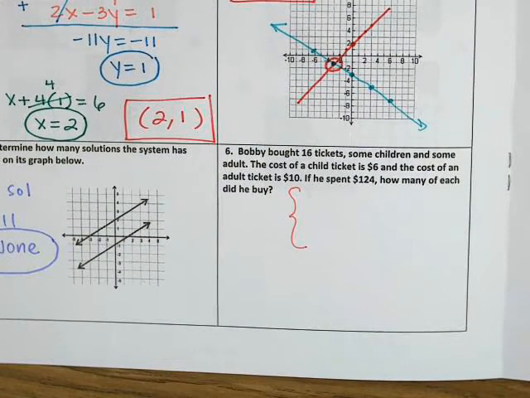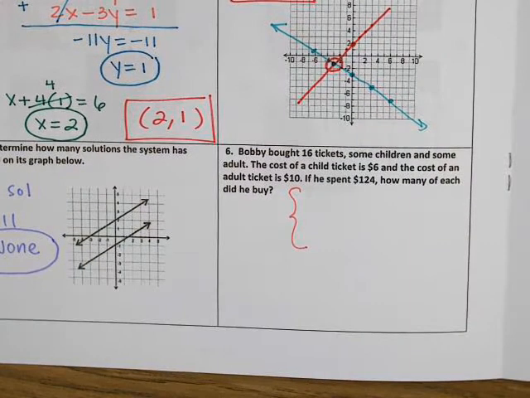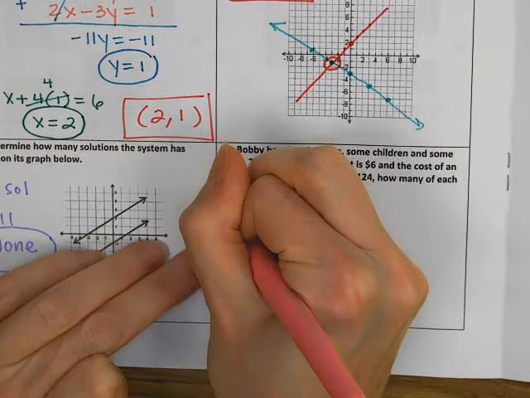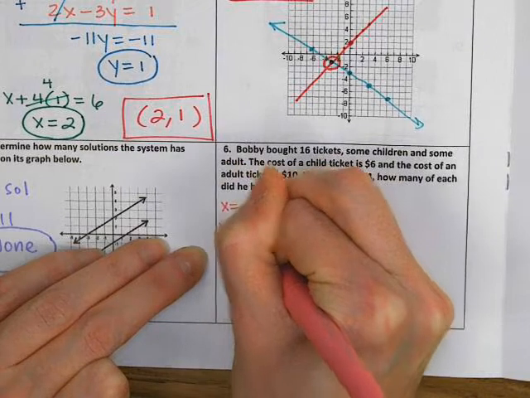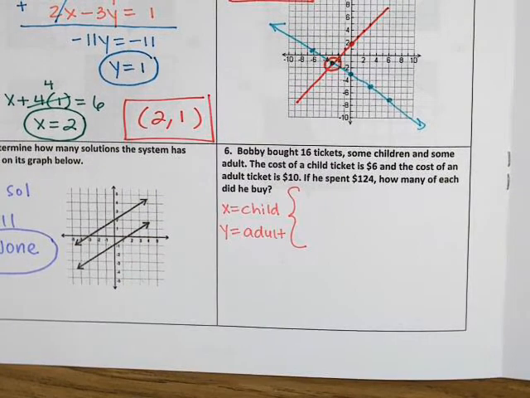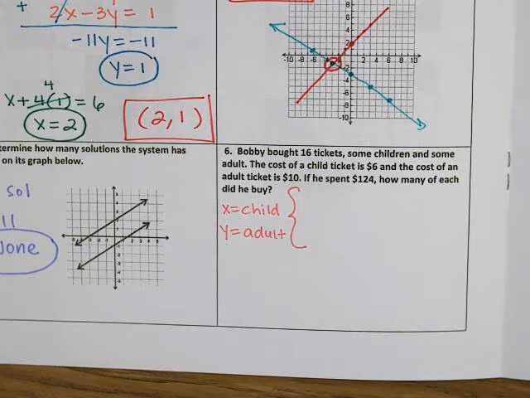So Bobby bought 16 tickets, some children and some adults. So let's have X stand for children tickets and Y stand for adult tickets. The cost of a child ticket is 6. The cost of an adult ticket is 10. If he spent 124, how many of each did he buy?